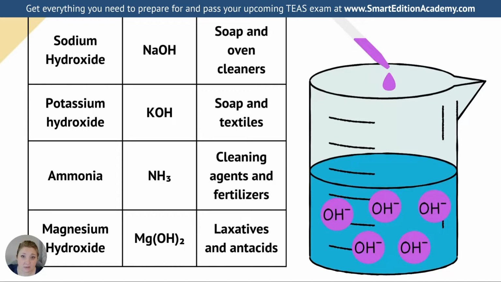Now, ammonia is a little bit funny one. It's kind of one that doesn't quite fit the standard there. It still does release the OH, and we'll talk about how later on in this session, but it is one that classifies.